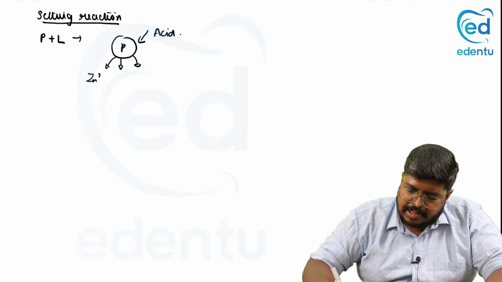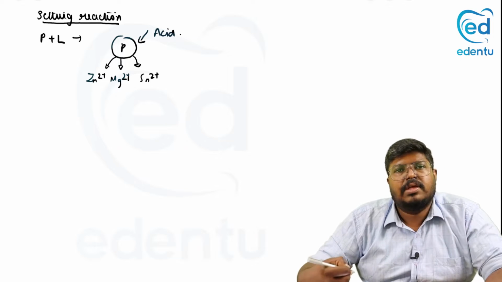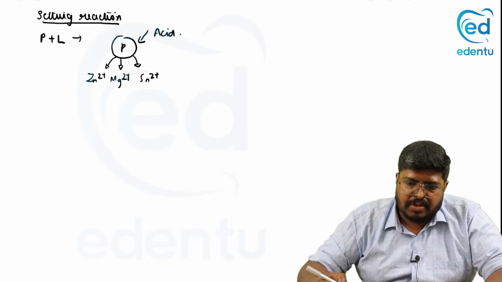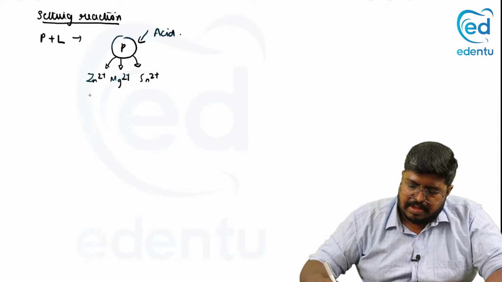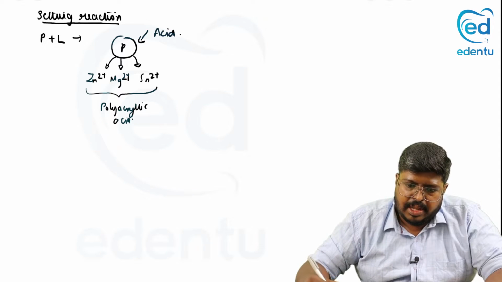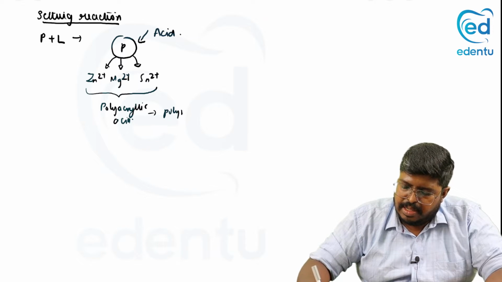You are releasing zinc ions, magnesium ions, and tin ions. They will now bind with the polyacrylic acid which is present in the liquid, and they will link, they will create a polymer.